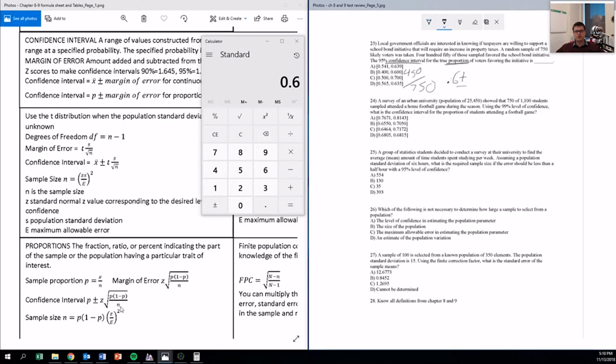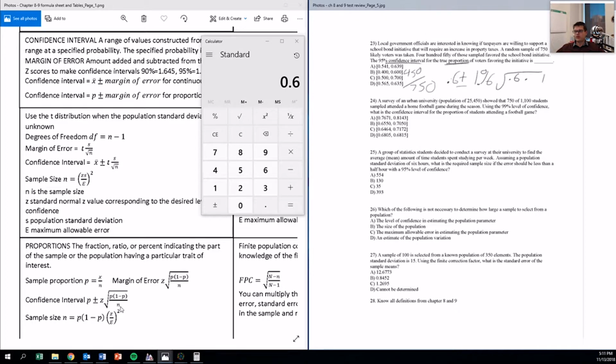So 0.6 plus or minus 1.96 multiplied by the square root of 0.6 multiplied by 1 minus 0.6, which is 0.4, over the total number sampled, which is 750.